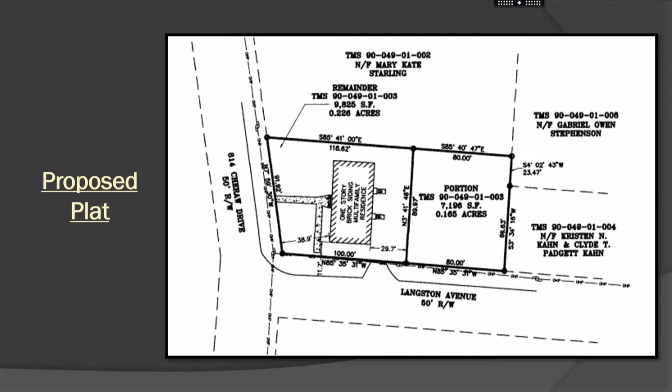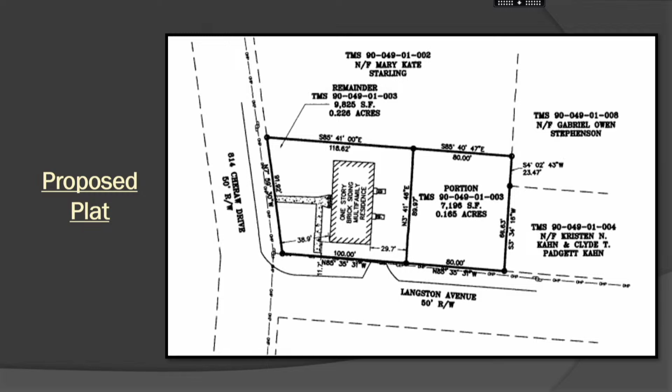This is the proposed plat, or the plat proposed by the applicant. He would like to subdivide the rear 80 feet of the parcel to create a separate parcel. That parcel would have only 7,196 square feet and would leave just under, I believe it was 8,000 square feet or 9,000 square feet for the remainder. Yeah, 9,825 square feet.